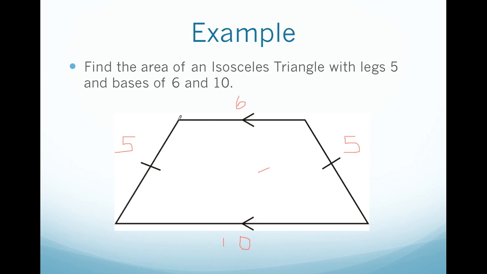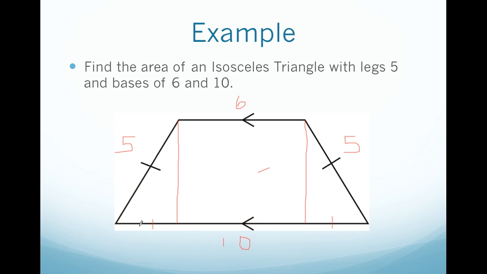Well, just like before, good old friend triangles are always very useful. Draw this triangle here. Knowing that this is isosceles, I know that this is going to equal this, and therefore I have this nice little rectangle here. If this is 6, this is 6.